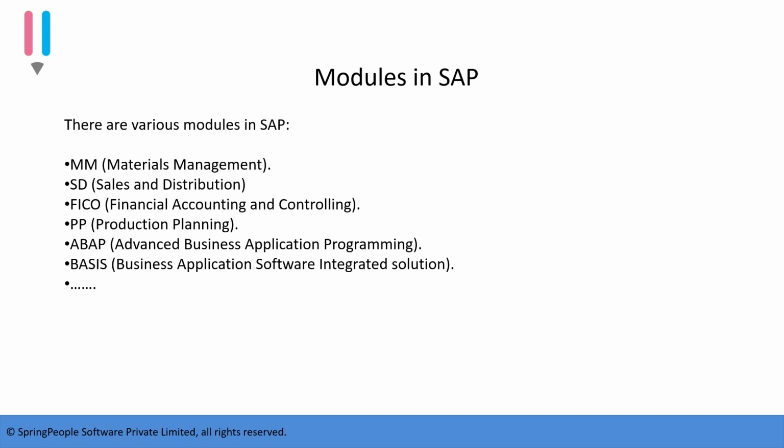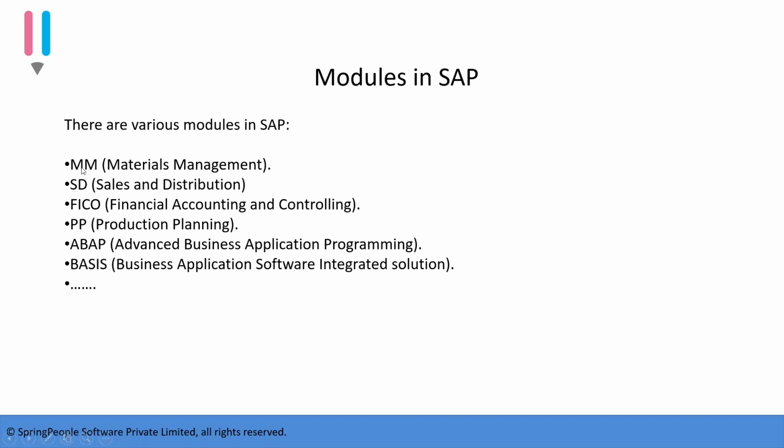This customization is done by your ABAPer. ABAPer means the person or the consultant who is working on ABAP. So this is your programming module. It uses C language. So this is your ABAPer.